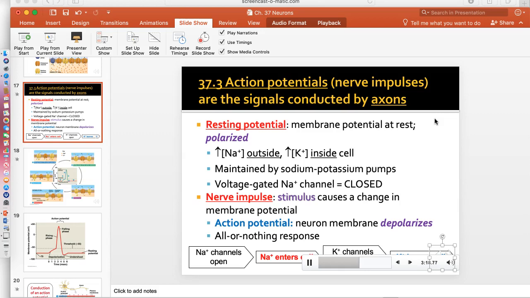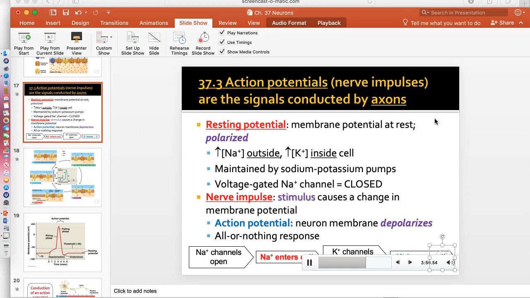So now, what causes a nerve impulse? Yes, it's going to be a difference in those concentrations, but there has to be some sort of a stimulus, something that causes a change in that normal negative 30 to negative 90 potential. When this happens, the neuron membrane depolarizes. So now there's going to be a change, and it's an all or nothing response.